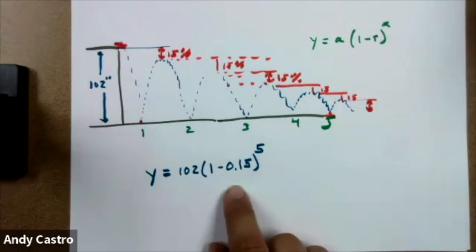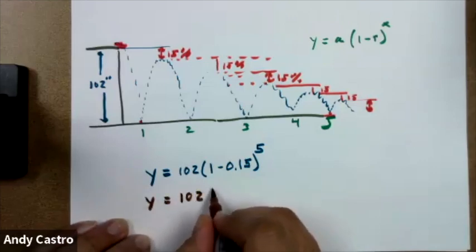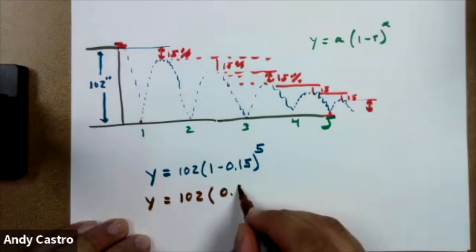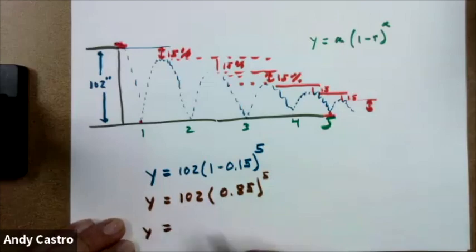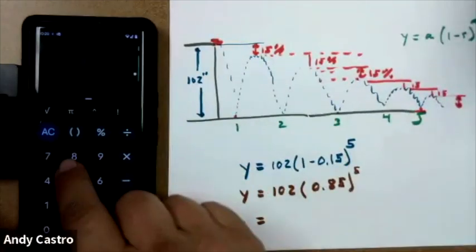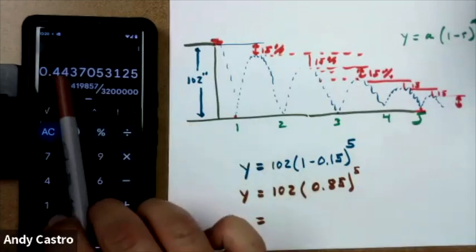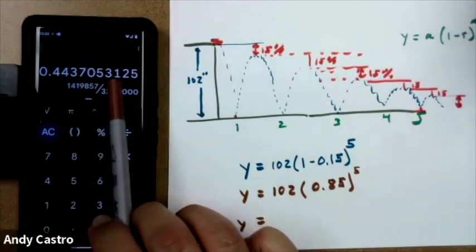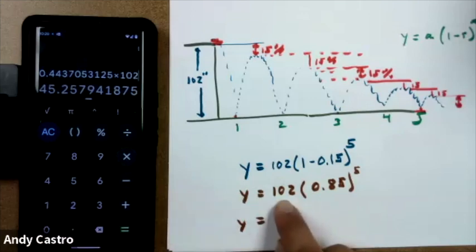All right, so 1 minus 0.15, that's going to give us 0.85. We want that to the fifth power. So let's go ahead and put it into my calculator. 0.85 raised to the fifth power gives me this long number, 0.4437053125. And I'm going to multiply that by my initial height, 102.